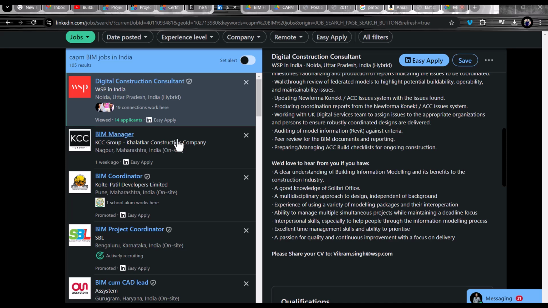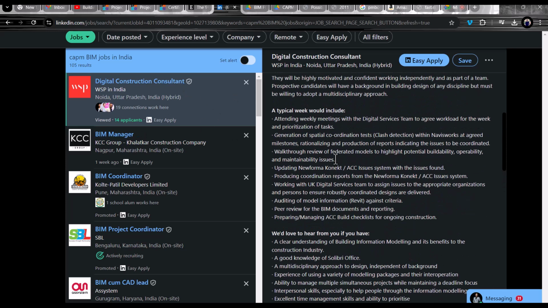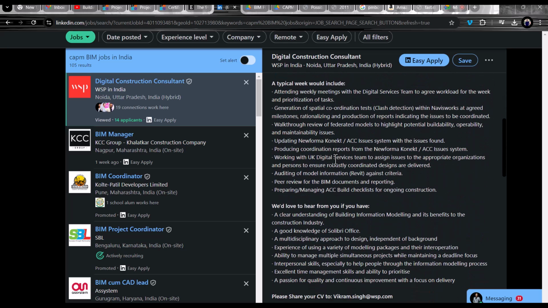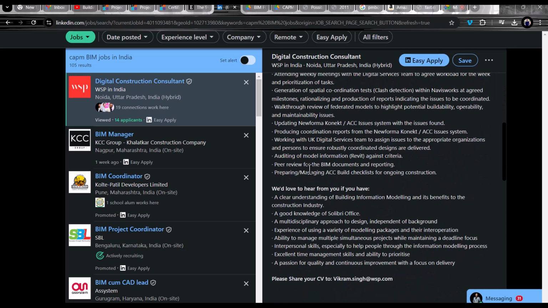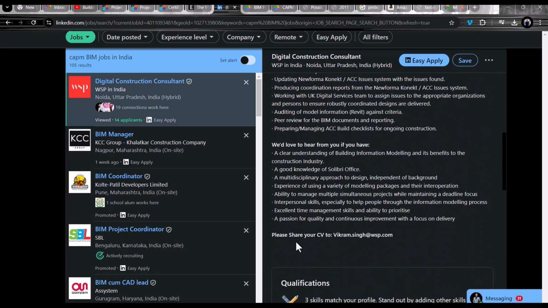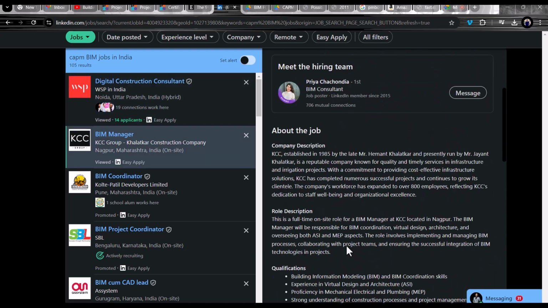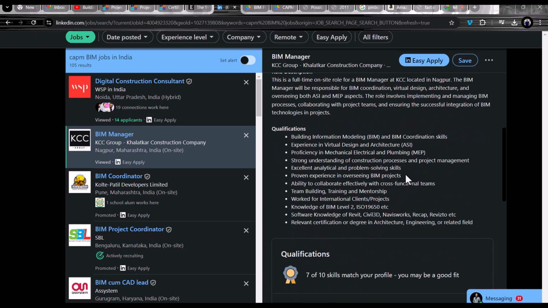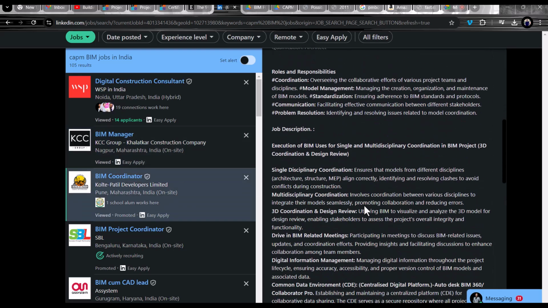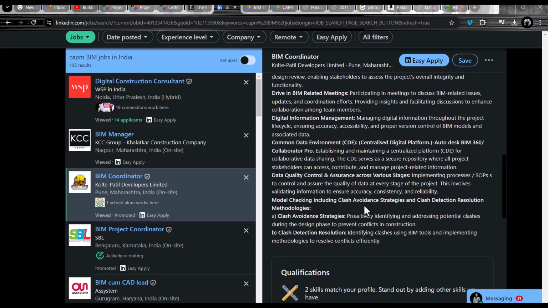See over here is a WSP digital construction consultant. Here you need BIM expertise or digital construction expertise, and they are also looking for people who already have CAPM experience to share the CV with them. BIM manager, maybe somewhere over here they would say experience or certification of CAPM or PMP is a value addition. These types of roles.